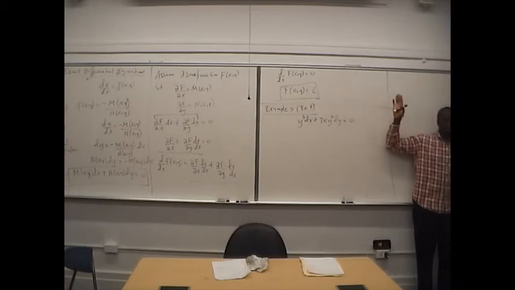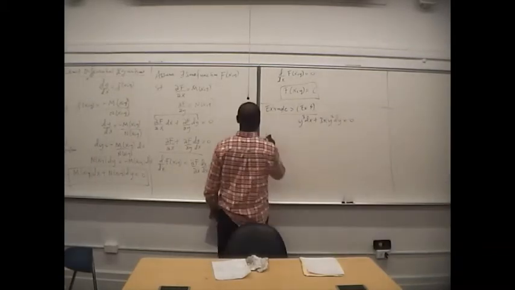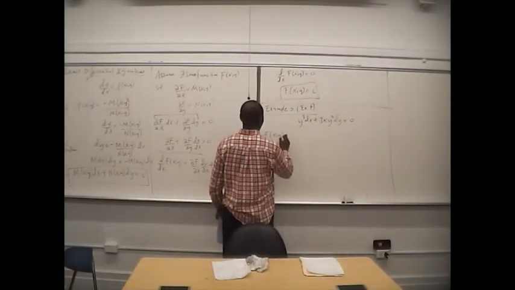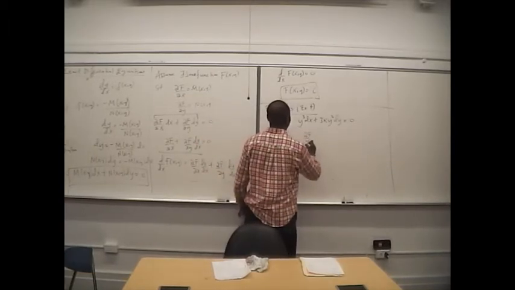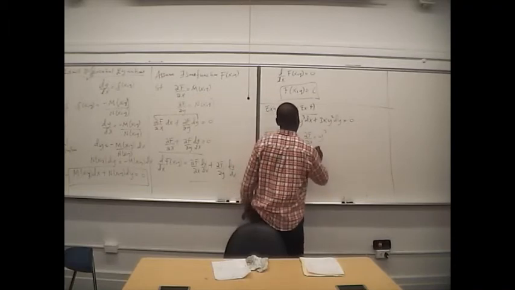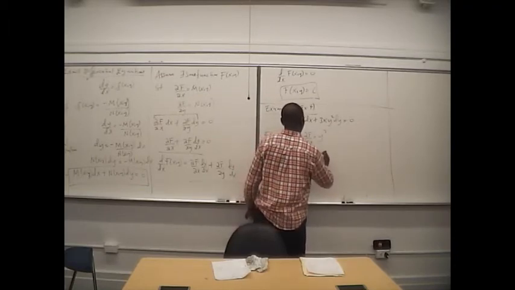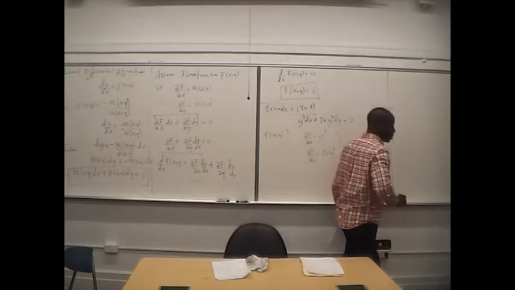So we don't worry about that. It's not new. But the question then is: is there an f of x, y such that the partial with respect to x is y cubed and the partial with respect to y is 3x y squared? Does this function exist?